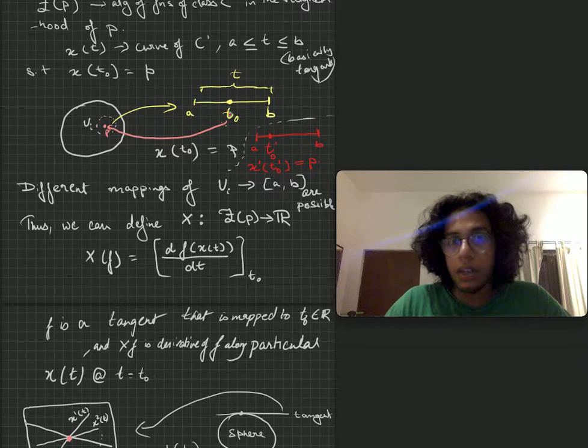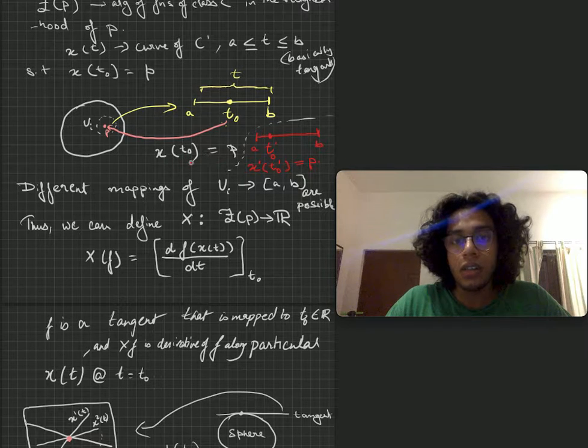Such that when you take it back, when you say x of t naught, or x of t, it gives you this neighborhood. Okay, x of t gives you U_i or U, and x of t naught gives you p. Alright, so this is what you mean by this differentiable curve x of t naught.